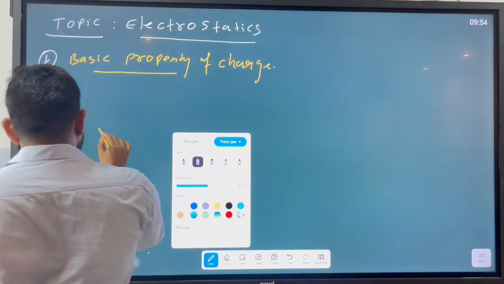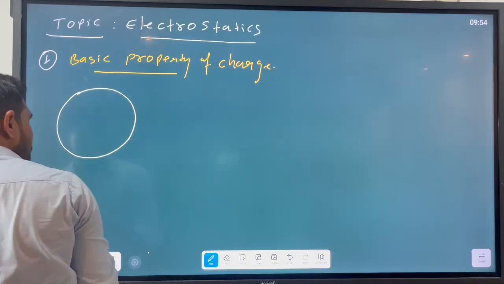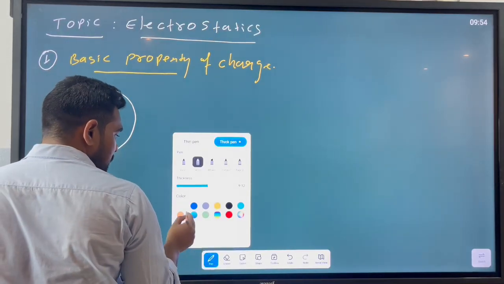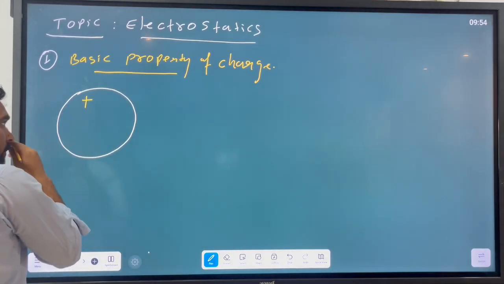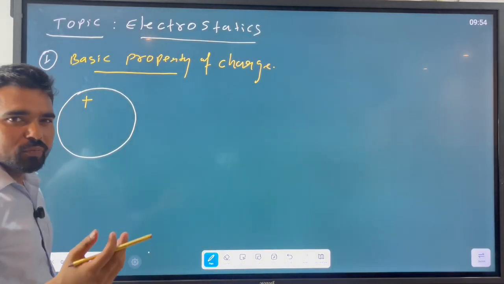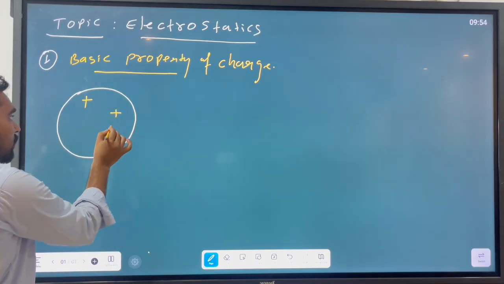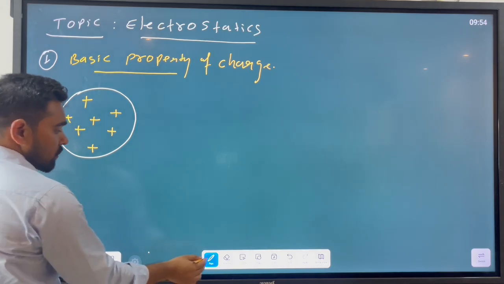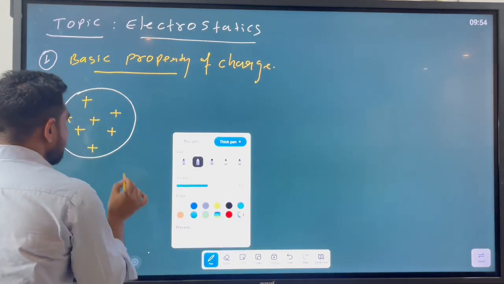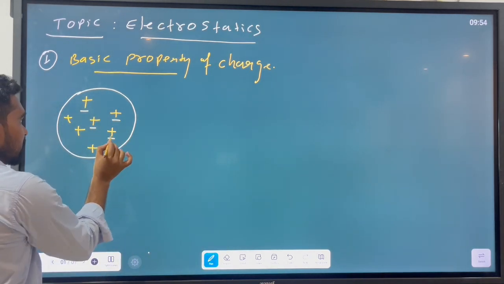Initially, suppose that this is a body, a sphere, and inside the sphere the amount of positive charge due to protons is equal to the amount of negative charge due to electrons, right?